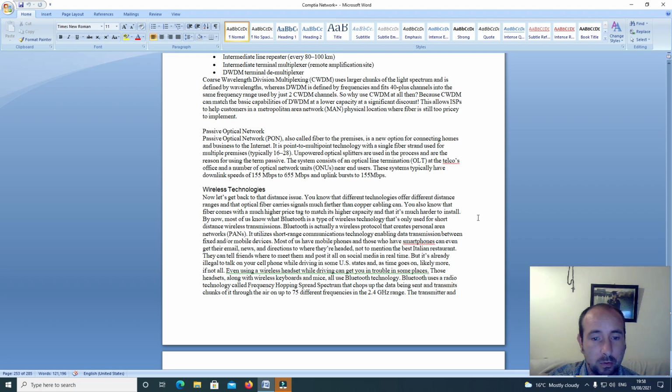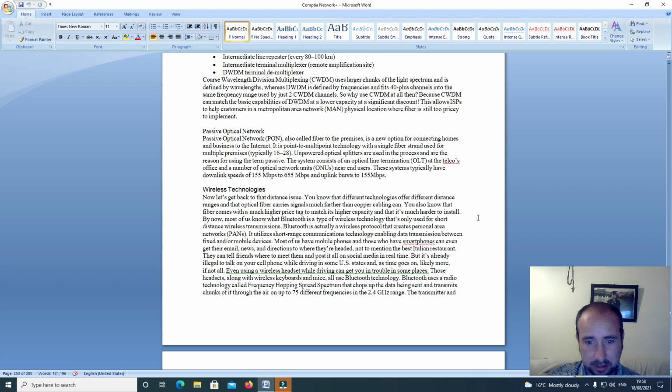Passive optical network. Passive optical network, PON, also called fibre to the premise, is a new option for connecting homes and businesses to the internet. It is a point-to-multipoint technology with a single fibre strand used for multiple premises, typically 16 to 128 unpowered. Optical splitters are used in the process and are the reason for using the term passive.